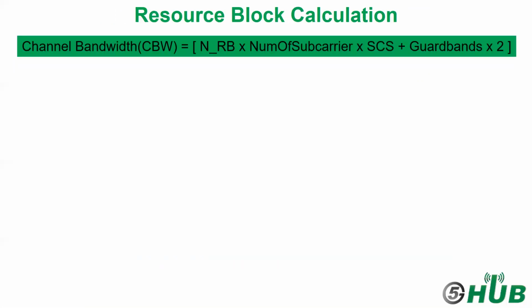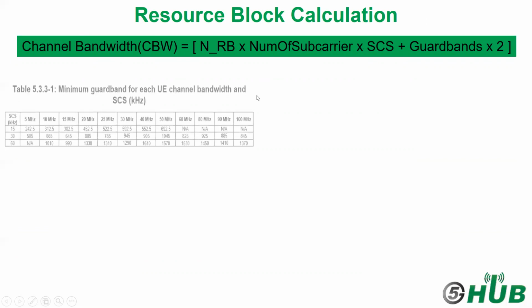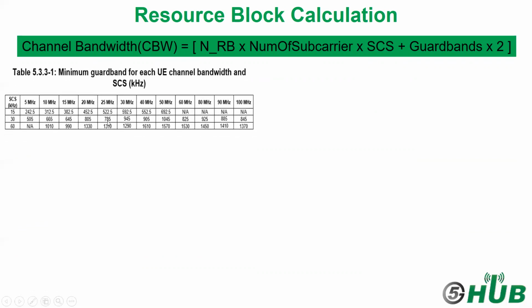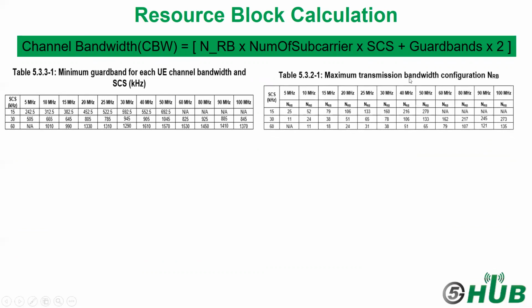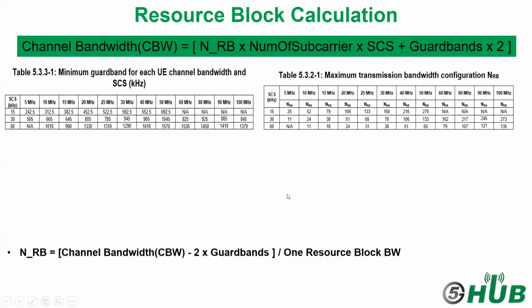For example, for resource block calculation, this is the equation of the relation between the channel bandwidth and guard band and number of subcarriers. We have a table for minimum guard band for each channel bandwidth and a table for maximum transmission bandwidth configuration for each channel bandwidth for frequency range 1.